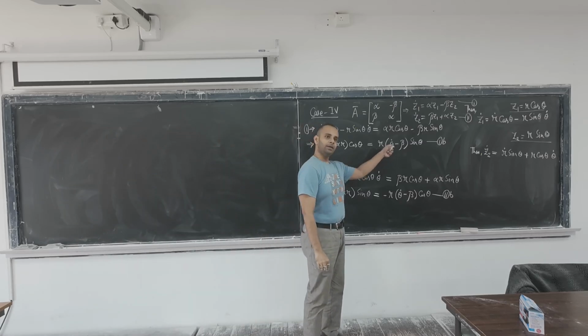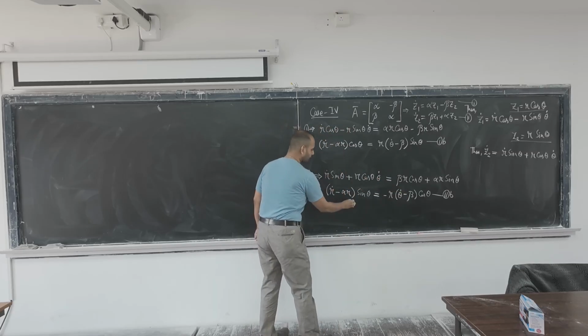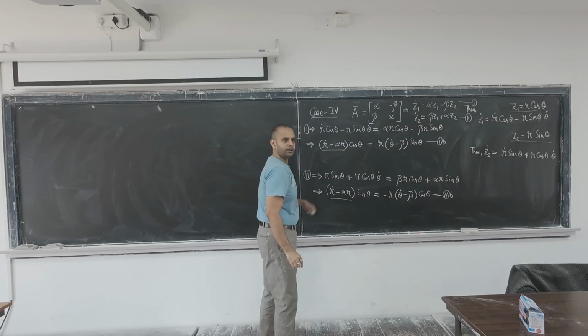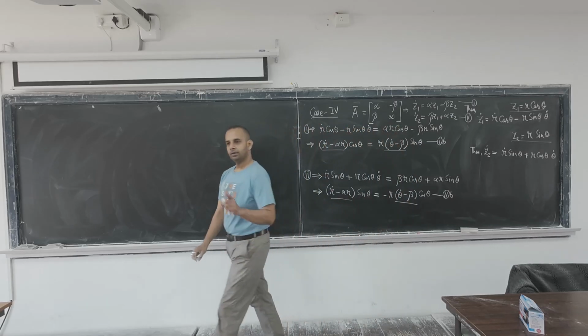Understood? That is why I did this, because you see in both these equations you have this r dot minus alpha r common on the left hand side and on the right hand side theta dot minus beta. That was the trick.